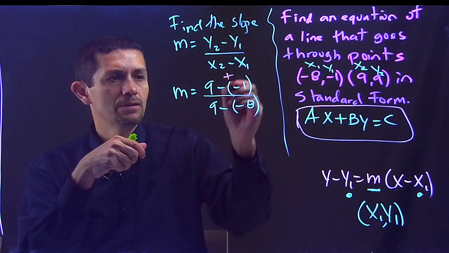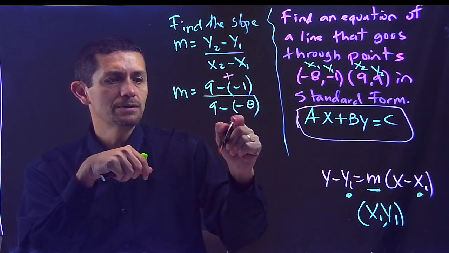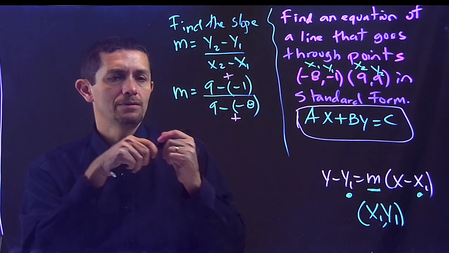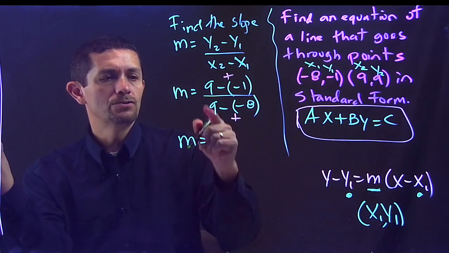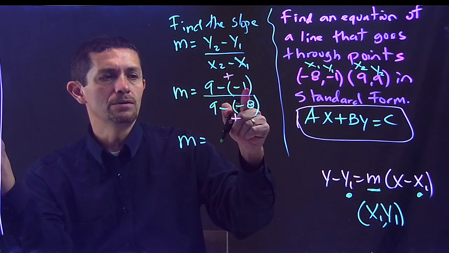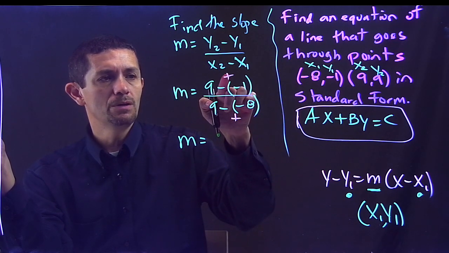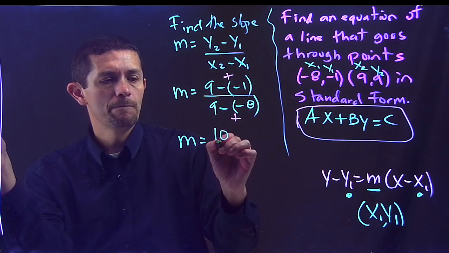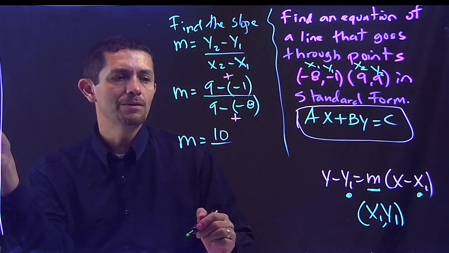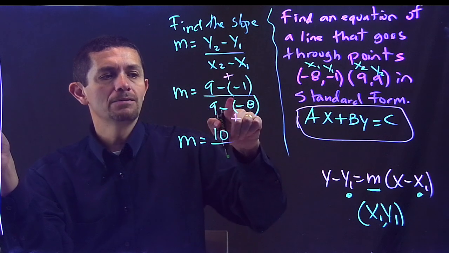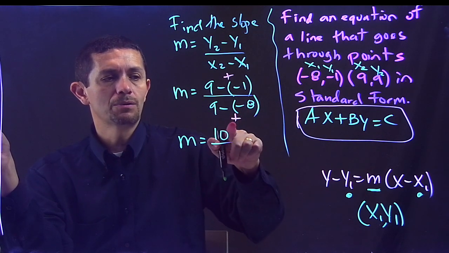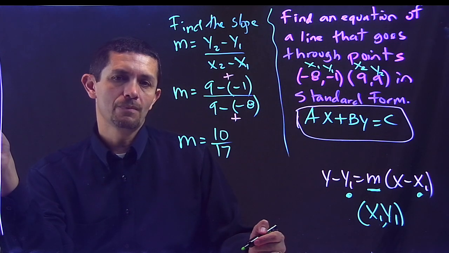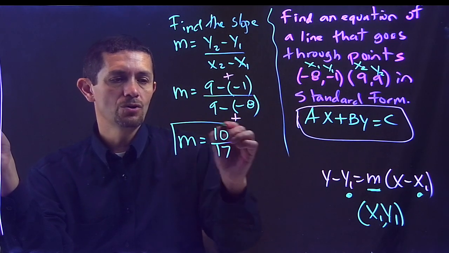Negative times negative gives you a positive. So technically you have 9 plus 1, which is 10. On the bottom, 9 minus negative 8 is the same as 9 plus 8, which is 17. And that's your slope, 10 over 17.